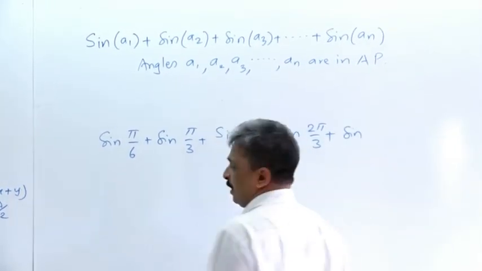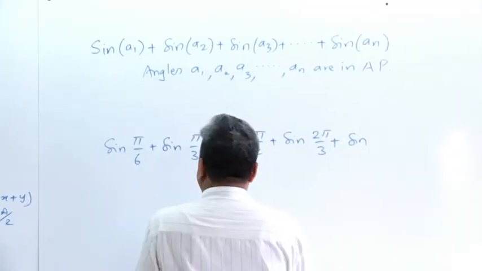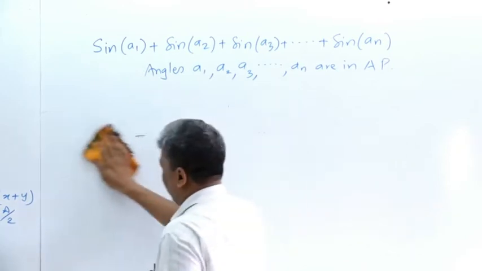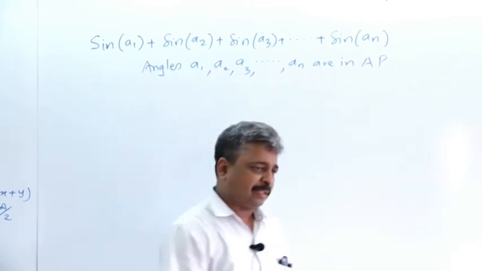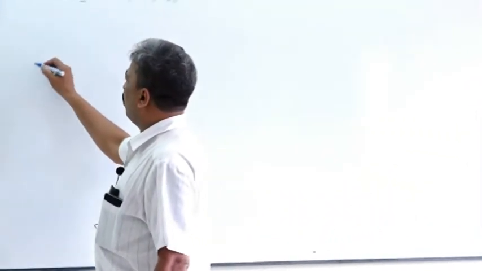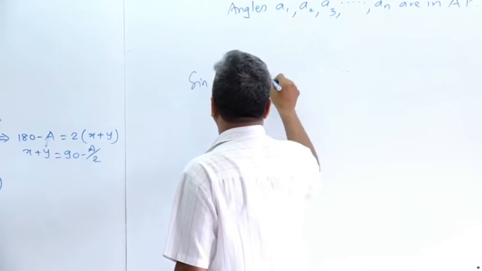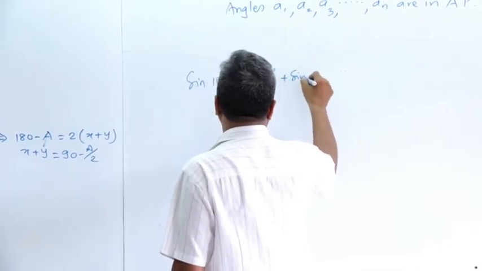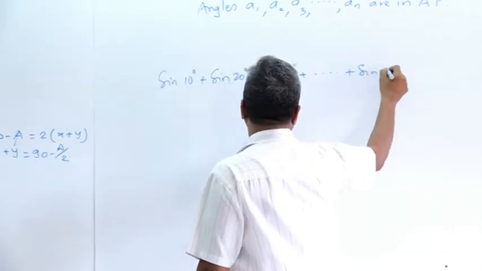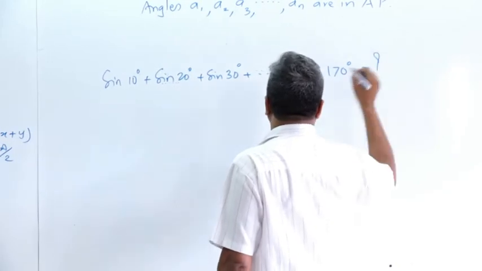Just keep adding pi by 6. These are all good numbers, so we can actually add it up and find out. But for any angle, say sin 10 degree plus sin 20 degree plus sin 30 degree plus dot dot dot plus sin 170 degree is equal to how much?